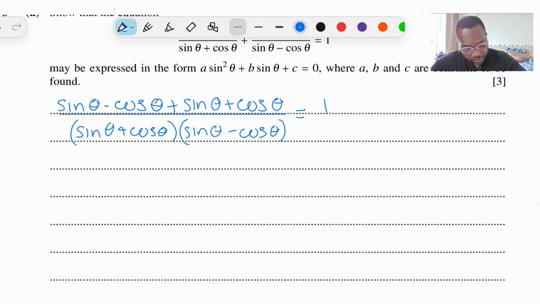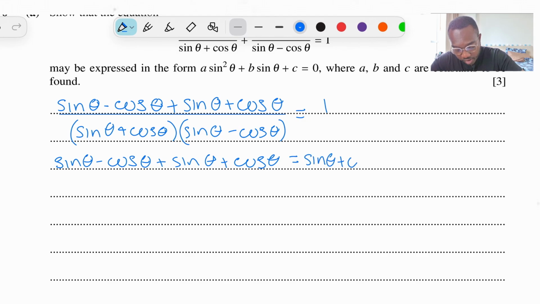Now let's just expand everything. So let's move the denominator to the other side, so we just times it by the 1. If we do that, we get sine theta minus cos theta plus sine theta plus cos theta, and then that is equal to (sine theta plus cos theta)(sine theta minus cos theta).